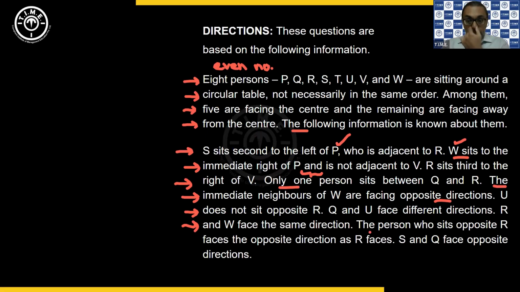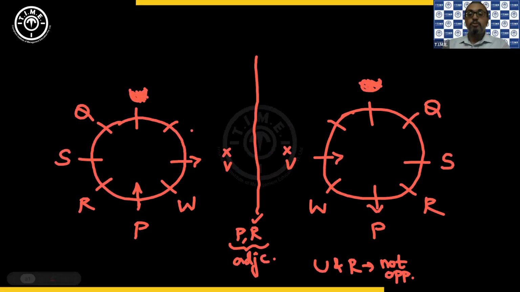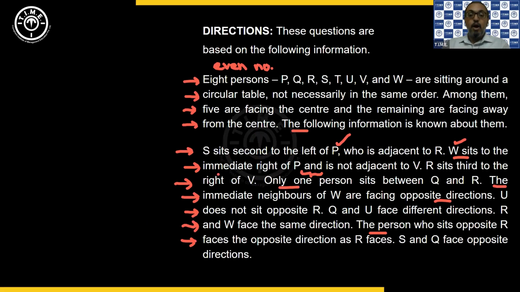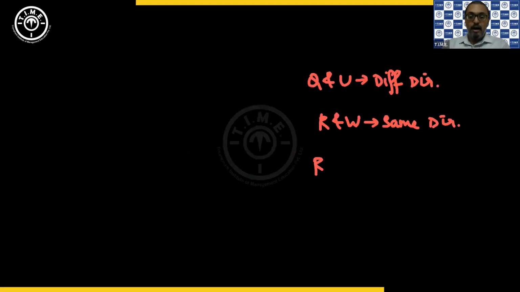Then the person who sits opposite to R faces the direction opposite to R's direction, so R and the person opposite R face different directions.